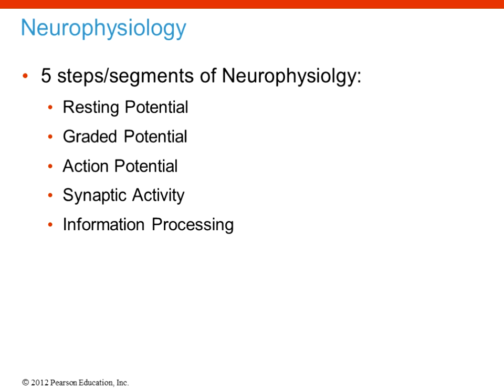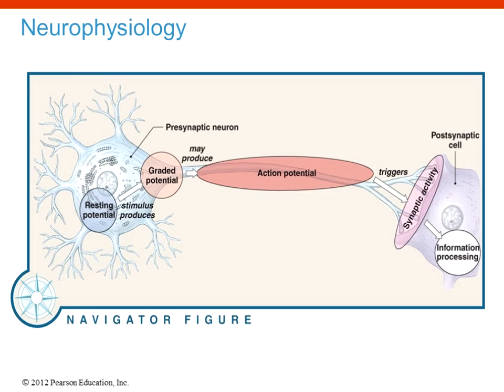Okay? And so there are 5 basic steps or segments of neurophysiology. It's called resting potential, graded potential, action potential, synaptic activity, and then information processing. All right? And this is a great slide showing the progression of how this is going to work. We're going to start with what's happening at rest.